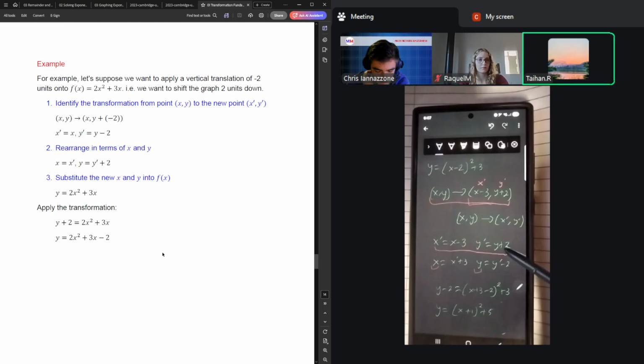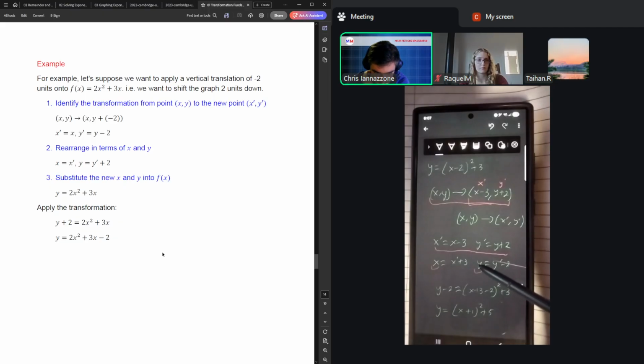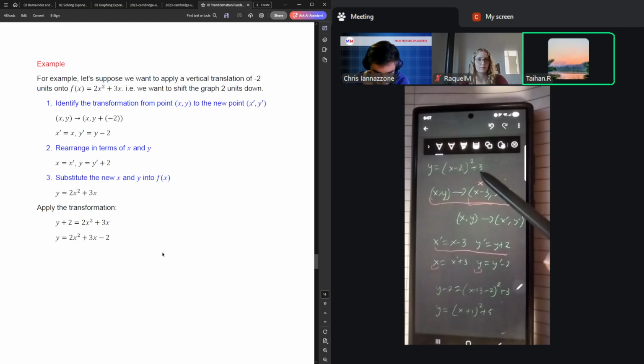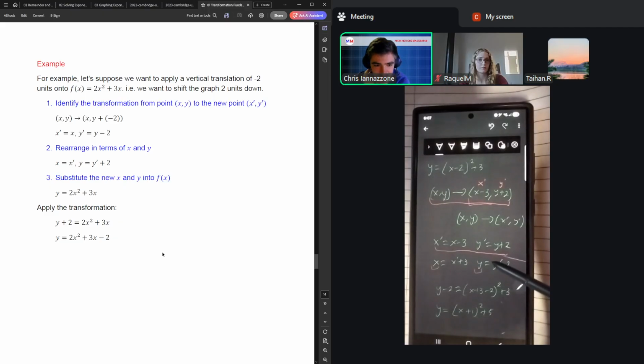Yep. And then rearrange that equation so that the x and y is by itself. Yep. And then you take the original equation and substitute in for what includes a y dash. So the x becomes x plus 3 and the y becomes y minus 2. Perfect. That's perfectly described.